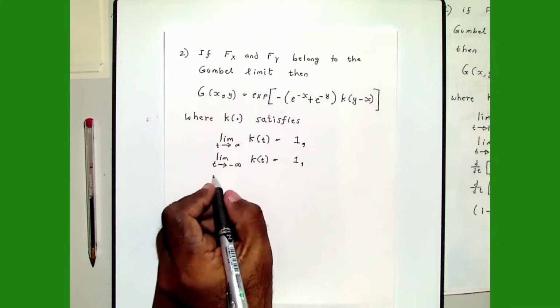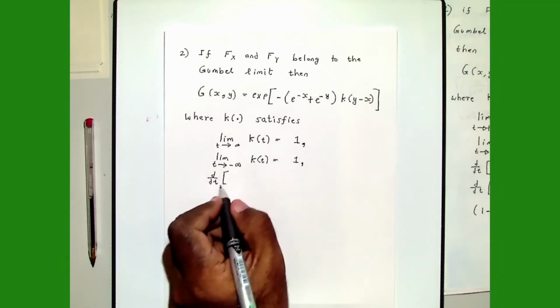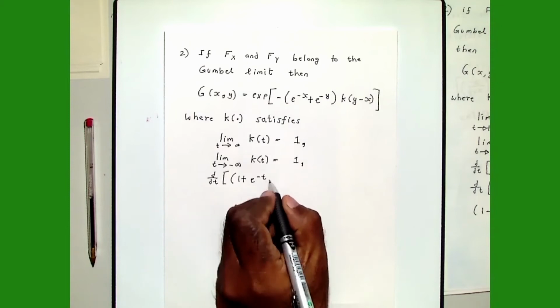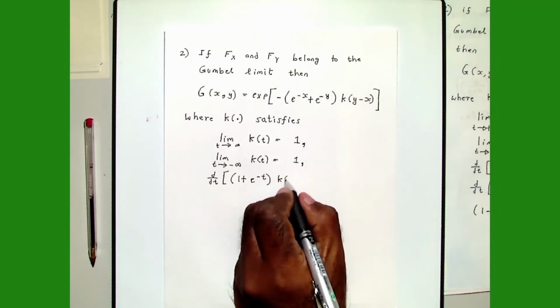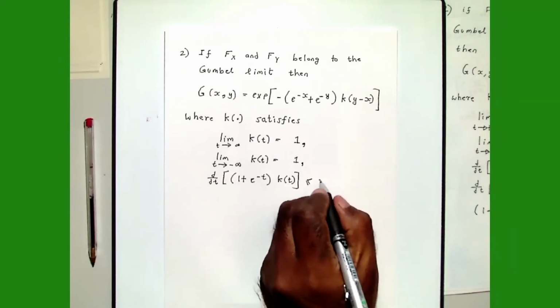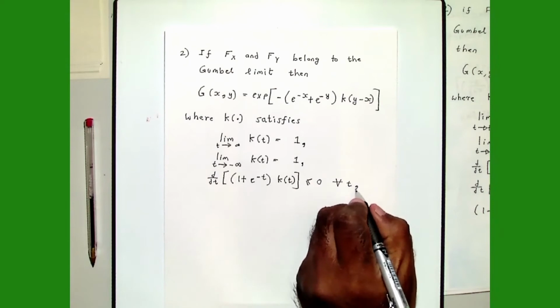Okay. The derivative with respect to t of this must be less than or equal to 0 for all t.